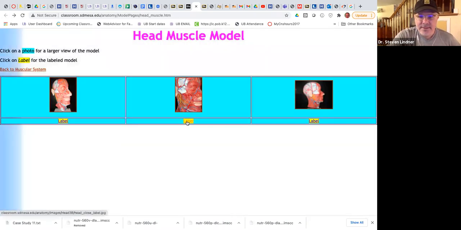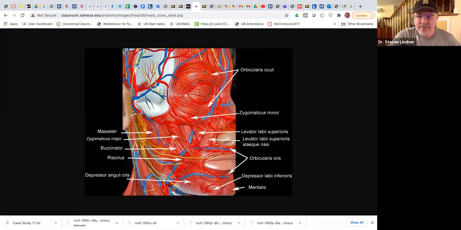Let's go back one. Let's look at this one here. Again, we could see the orbicularis oculi, orbicularis oris. There's your mentalis. Here's your levator labii superioris, right there. And then here's your depressor labii inferioris, which is here.